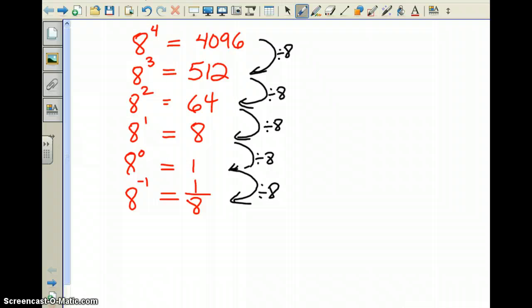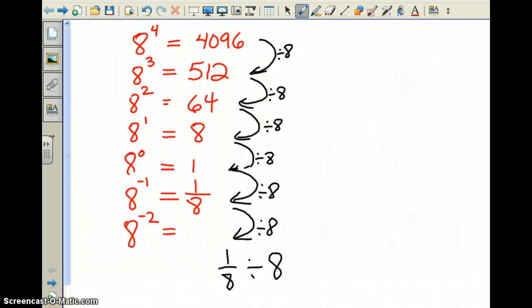So when I go down to 8 to the negative 2 power, this means I'm taking my answer of 1/8 and dividing it by 8. But if I'm dividing by fractions, I do not divide. I actually multiply by the reciprocal.